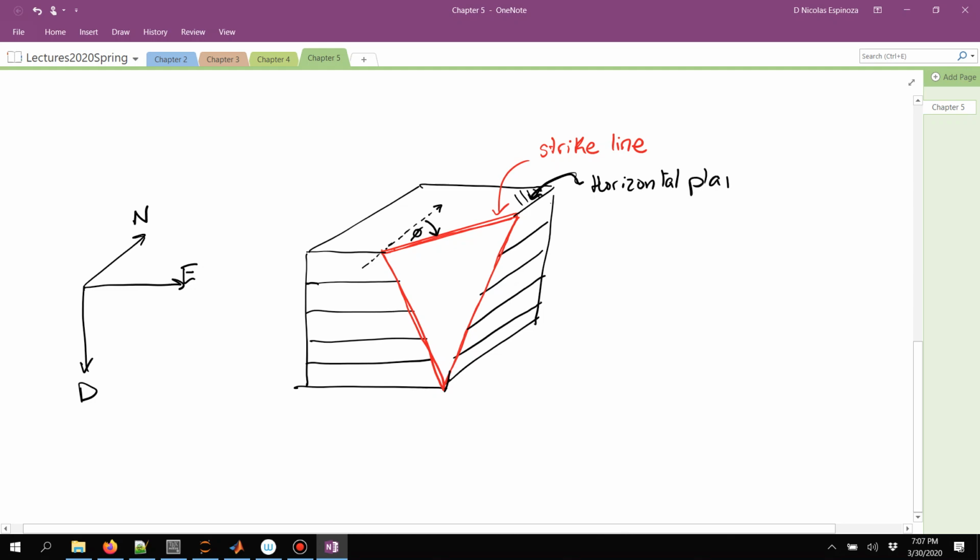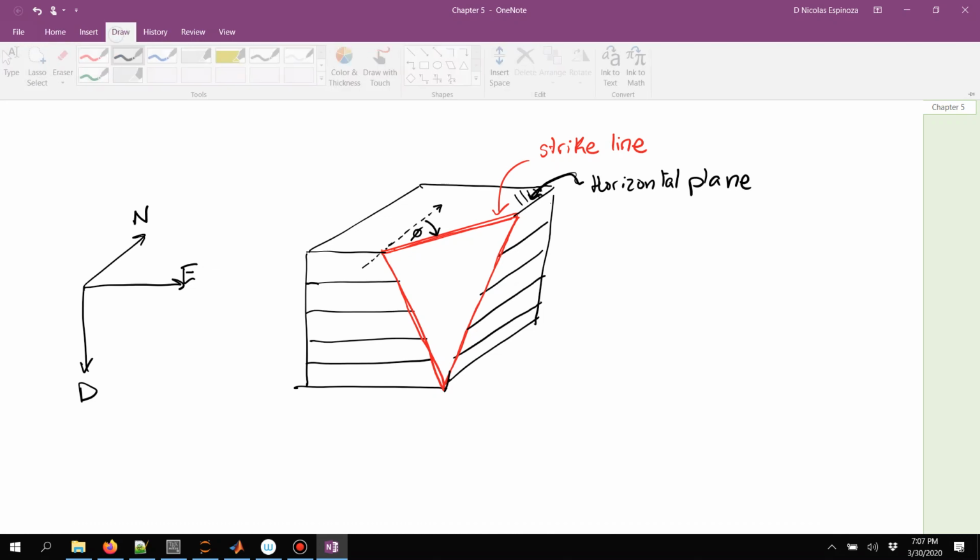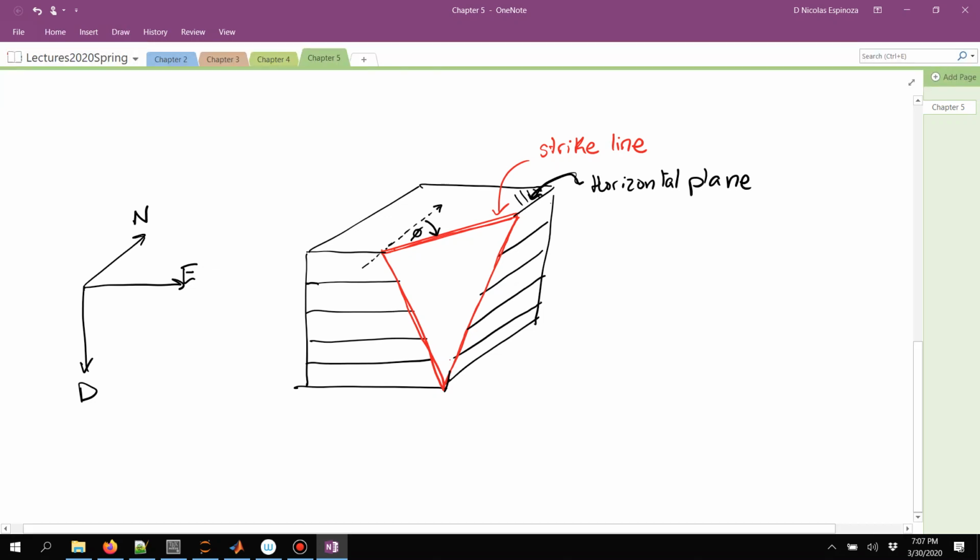So the intersection between the horizontal plane and the plane of the fault, which is this one, is going to give me the strike line.